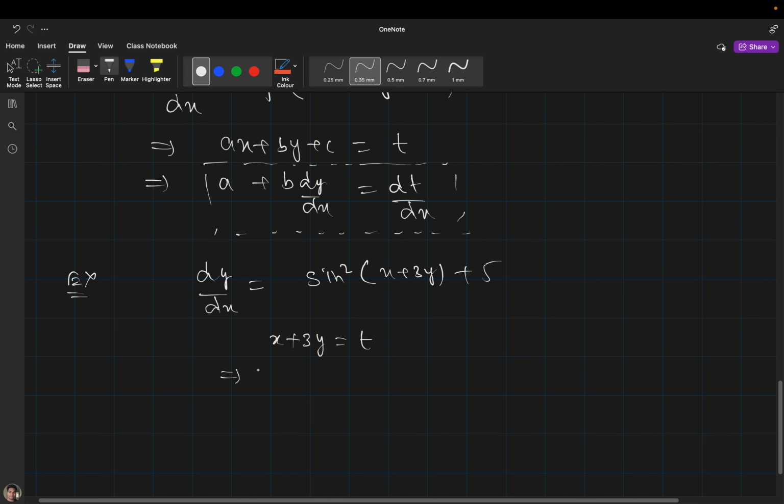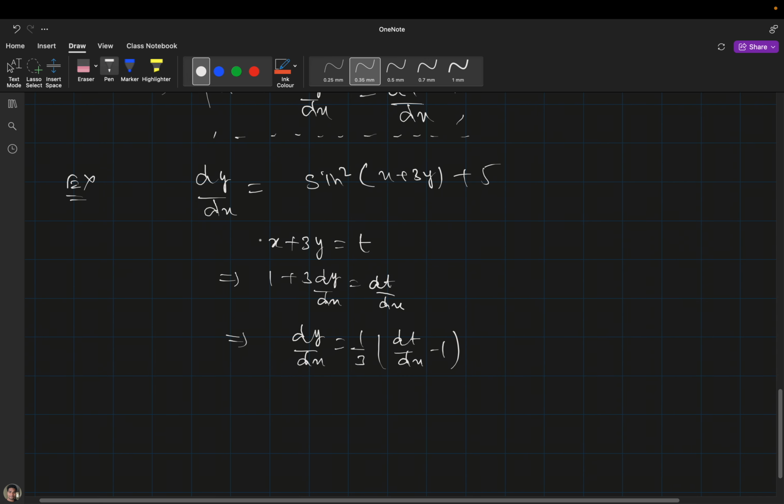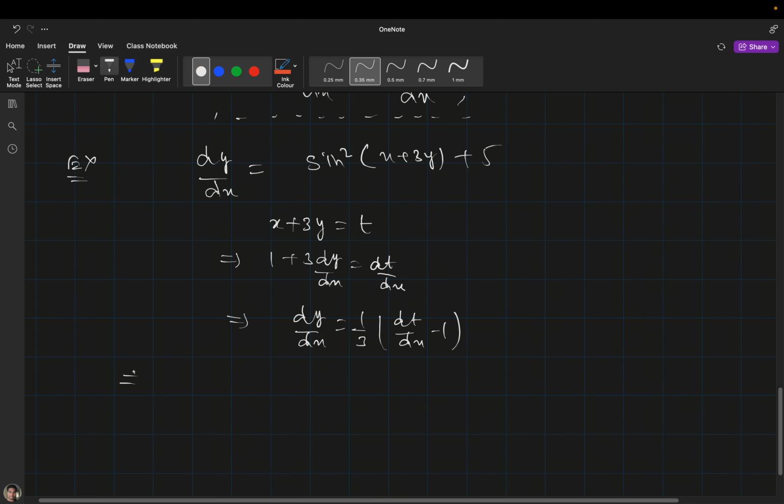Differentiate both sides with respect to x. It will become 1 plus 3 dy by dx equal to dt by dx. And from this you can see dy by dx will be 1 by 3 times dt by dx minus 1. Now substitute this into the given differential equation.